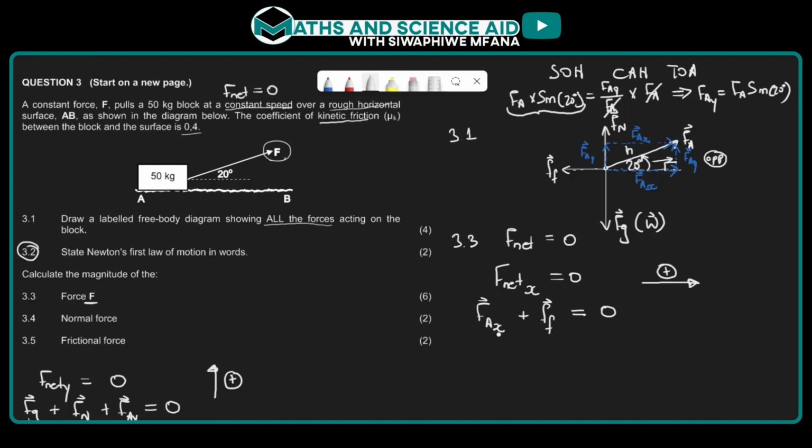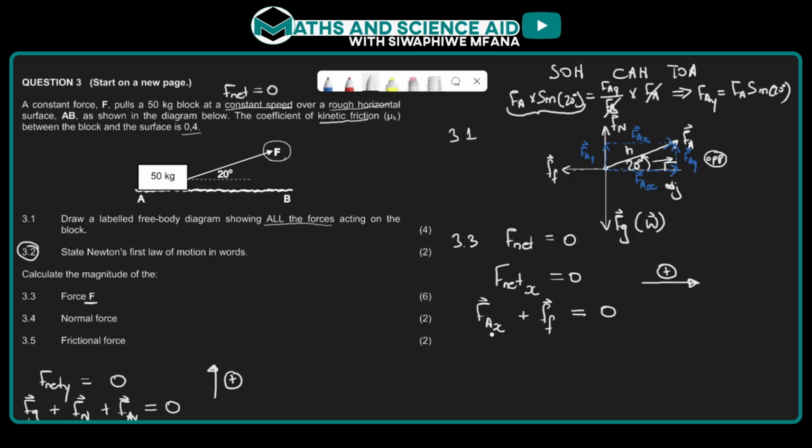So Fa of x here can also be written in terms of Fa, something similar to what we did for Fa of y. And so for Fa of x, we notice that it is an adjacent side to this 20 degrees because it is next to the 20 degrees. So it's an adjacent side.